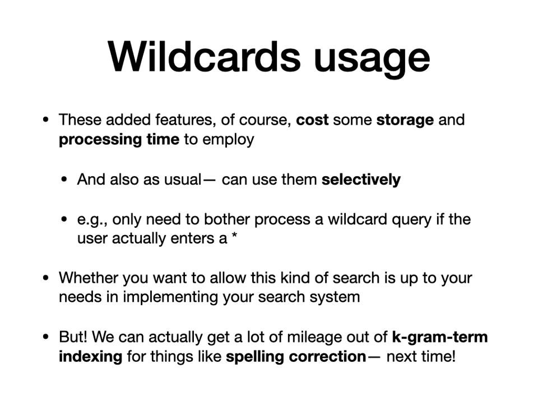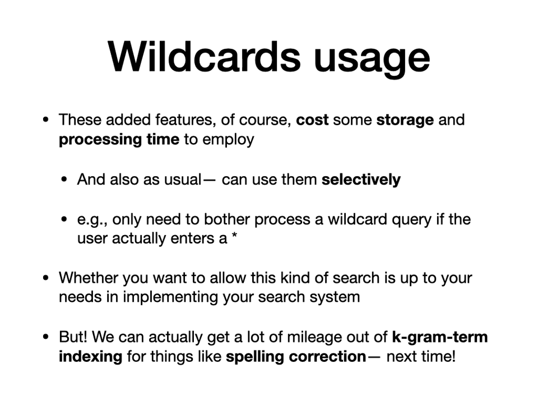So as always, we can just do this selectively. We'll build the secondary index when we build the primary index, right? But we only need to bother processing a wildcard if the user actually uses them, right? You don't go through all these tedious steps every time a user is going to search something unless they actually need it. So it's up to you if you want to allow this in a system.